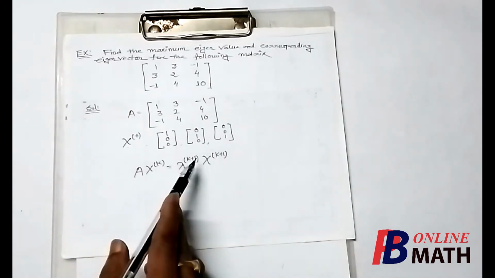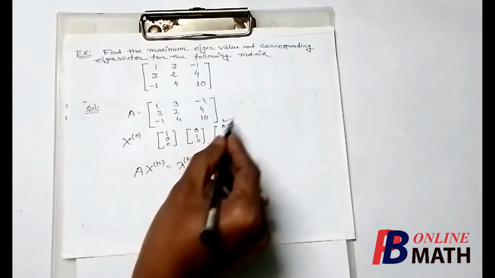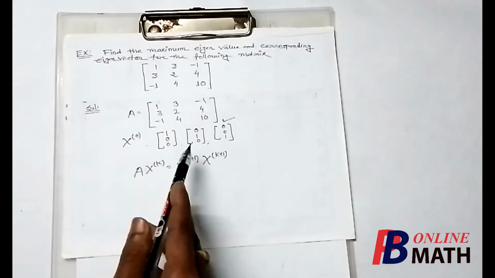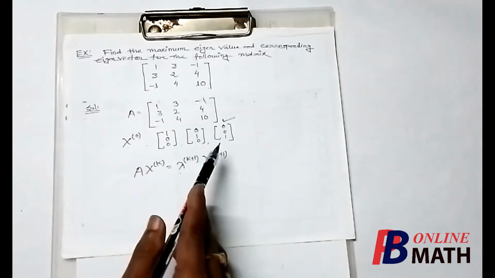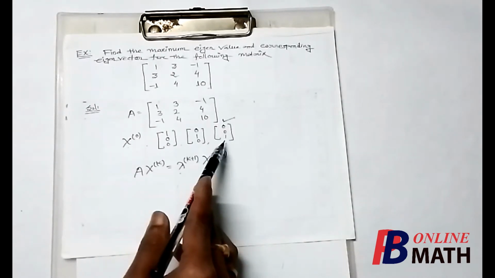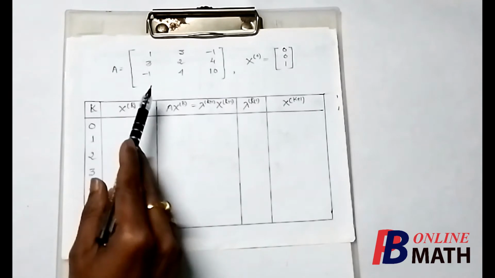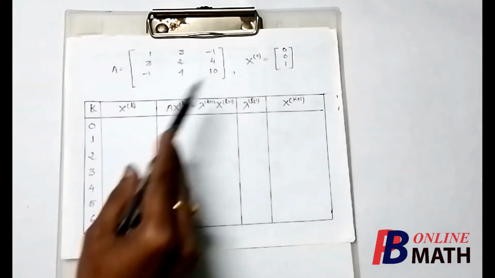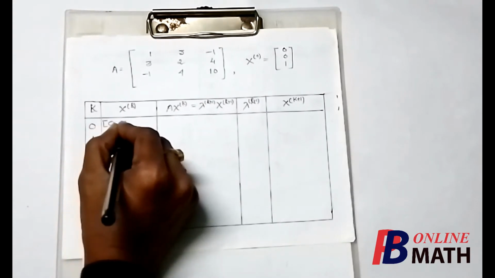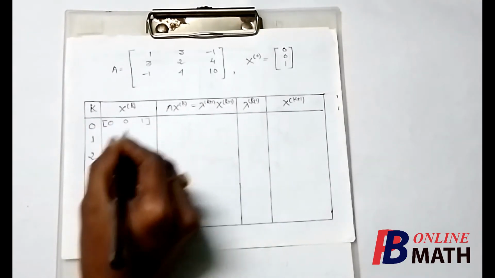Now in this problem, we shall take this one as initial approximation. We can take any one of remaining 2 eigenvectors, but in this case we are selecting this eigenvector. So this is the A matrix, and we have selected x0 as 0 0 1. So this is our initial approximation of the eigenvector 0 0 1.